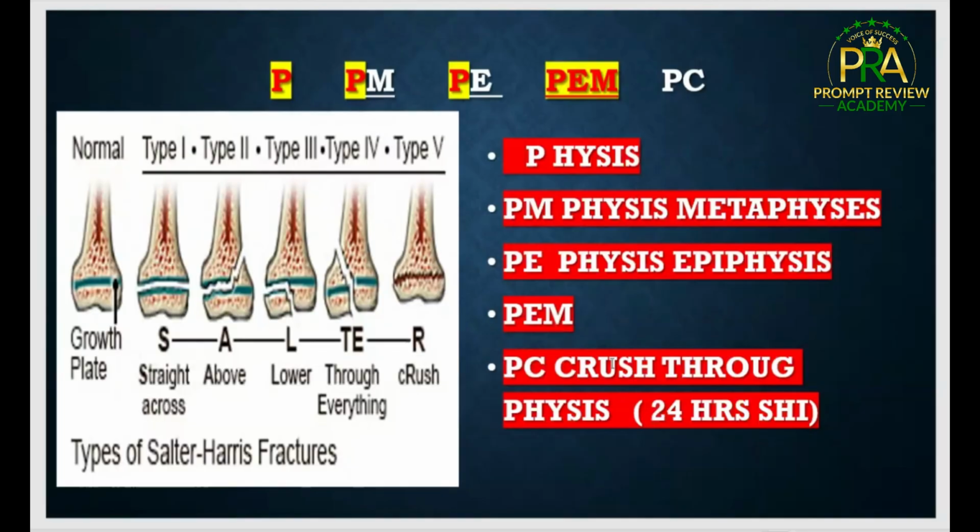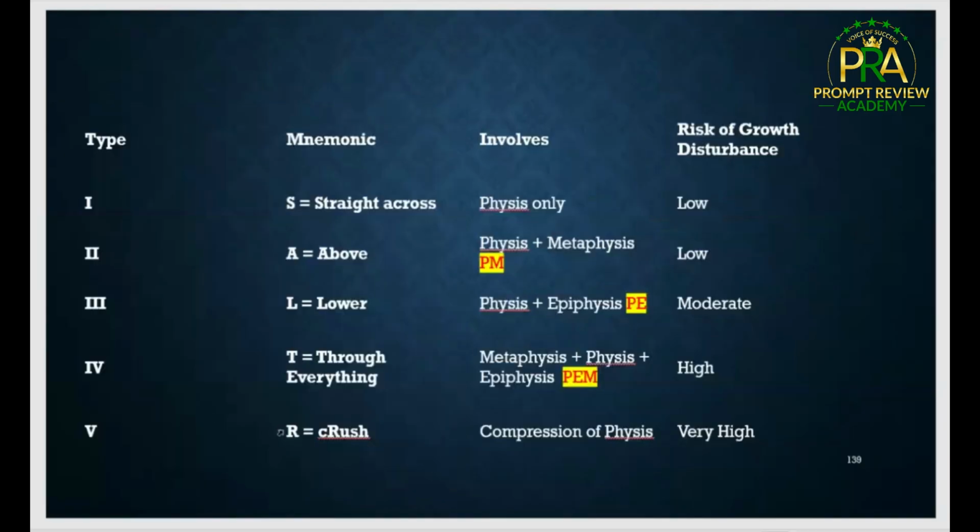Then crush is like working 24 hours. Just remember it that way, it helps you to remember. If it is crush, everything is broken, with compression of the physis, or it is crushed through. So let me know if you have any question. It's very important.